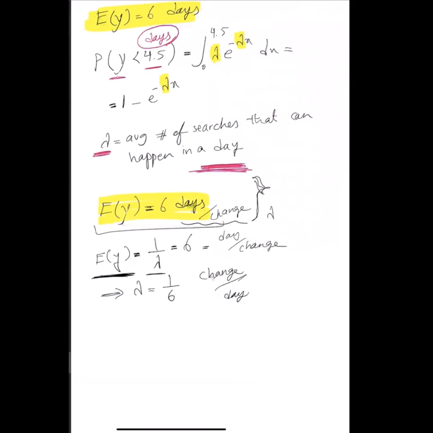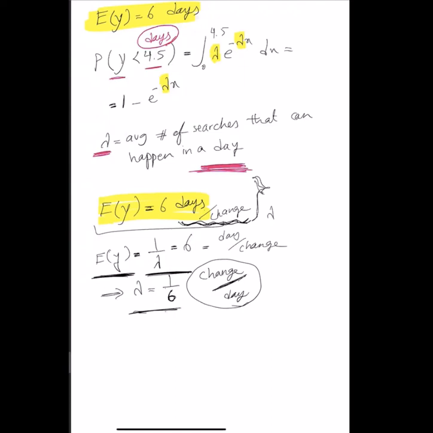When I'm finding the value of lambda, it's 1 over 6. I remember the unit for 6 was days per change, so when the 6 is inverted, the unit is inverted too. So the unit for lambda, as we expect, is 1/6 of a change per day.